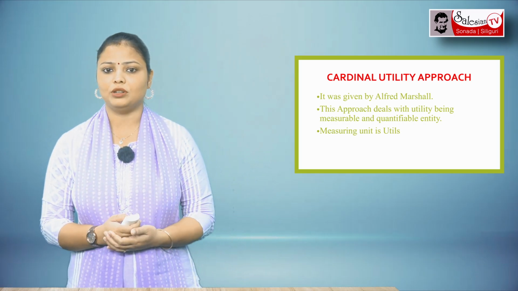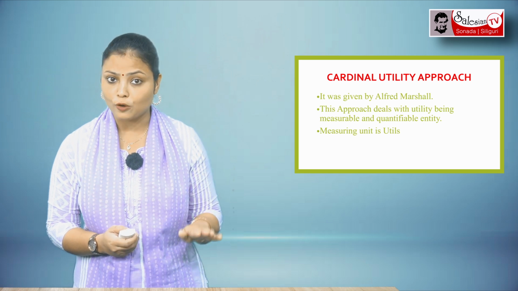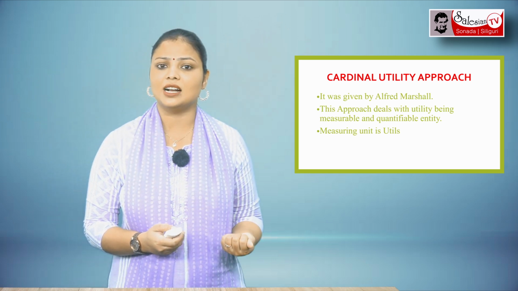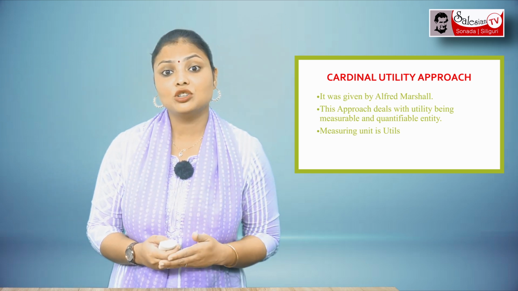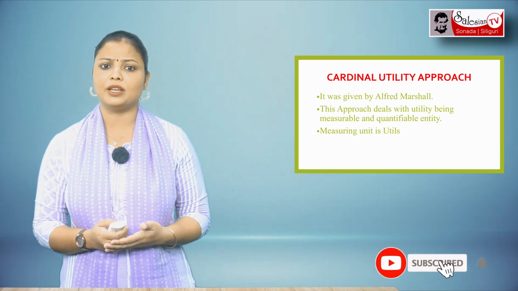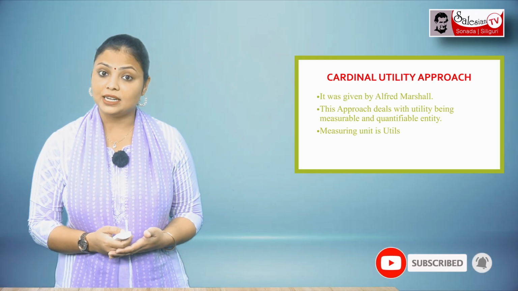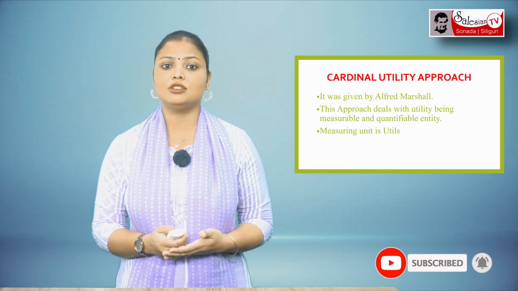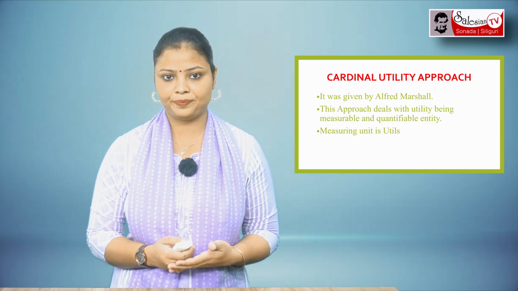Say for example, if price of a good falls and as a result real income of the consumer rises, marginal utility of money to him will fall, but Alfred Marshall tends to ignore this.